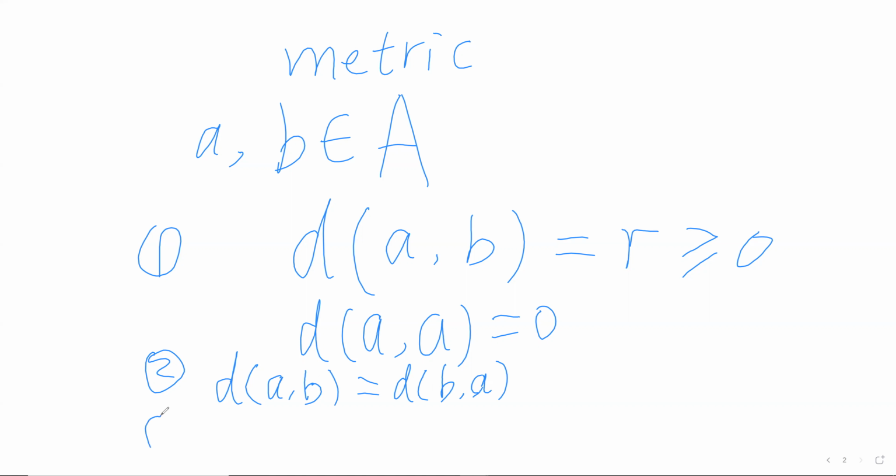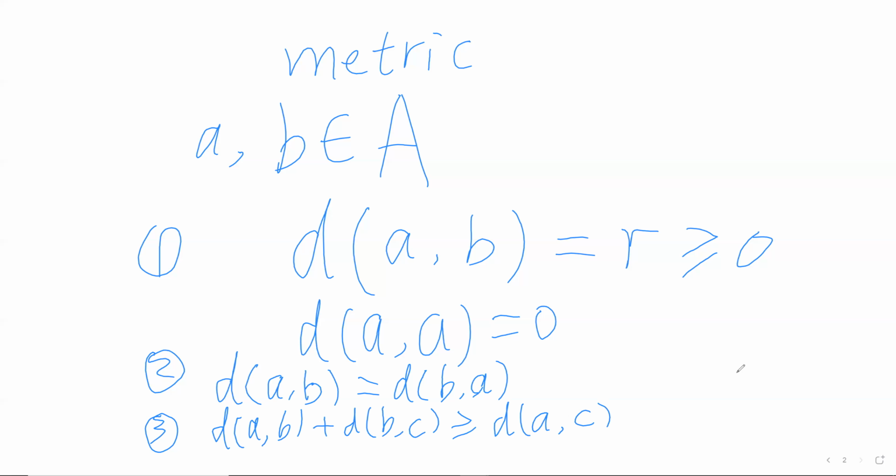The third property of a metric is the triangle inequality, which states the distance between a and b plus the distance between b and c should be at least, or bigger than, the distance between a and c.